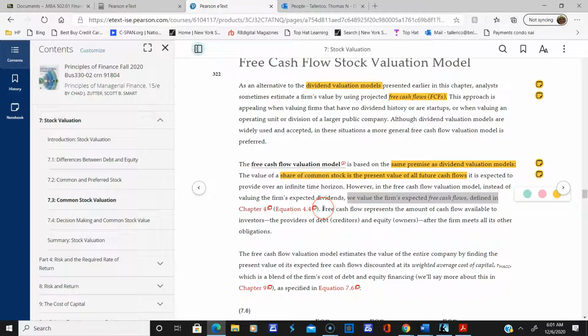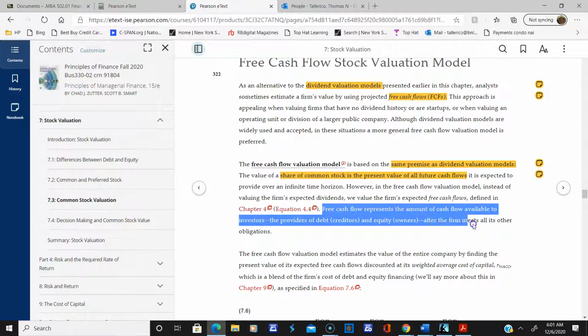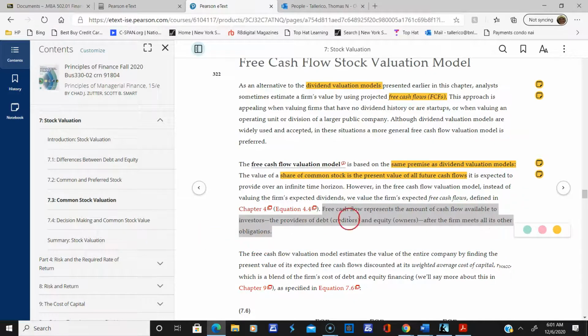The very definition of free cash flow is the amount of cash flow available to investors, who are the providers of debt and equity. That's the investors, right? After the firm meets all its other obligations. So that's whatever is free, okay? Available to give to the debt and equity holders.